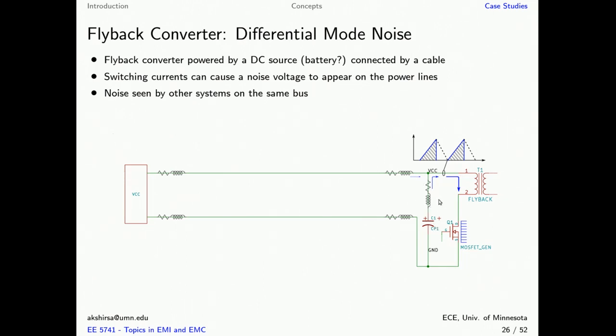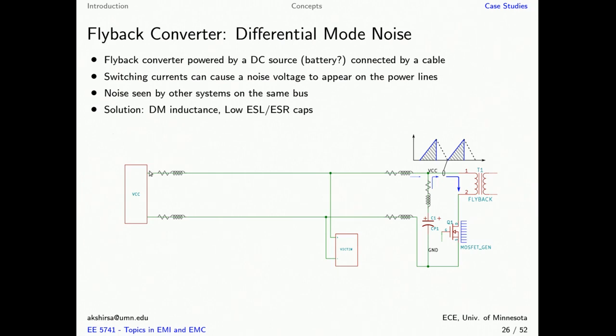because we expect that this impedance is going to be really low, but some current can still come directly from the power supply. Of course, we are talking about high frequency currents here. If there was some other system also connected across these nodes here, then the voltage seen by this piece of equipment is going to be the VCC minus the drop across the series impedance.